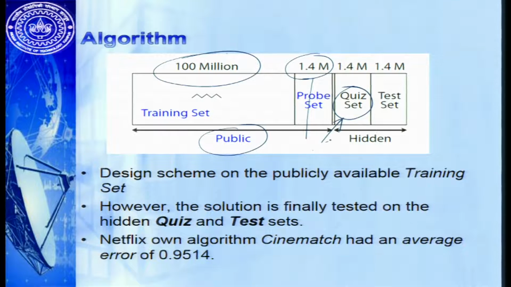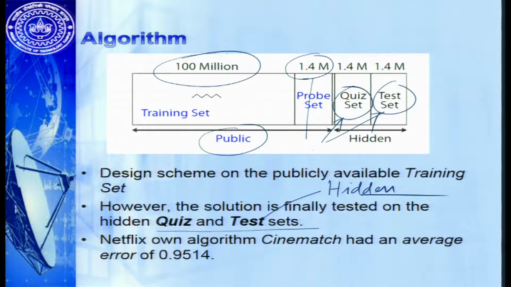Finally, the algorithms are tested on the hidden data sets.